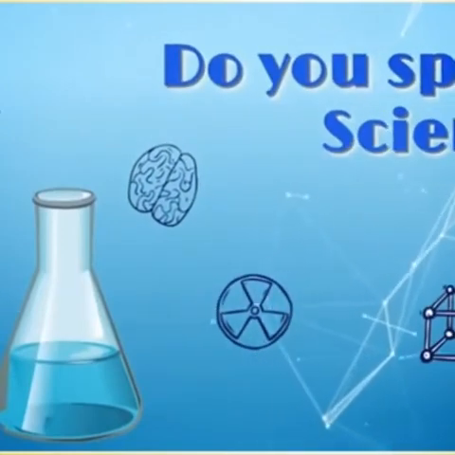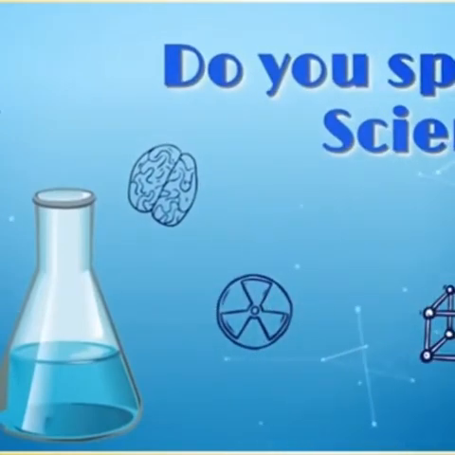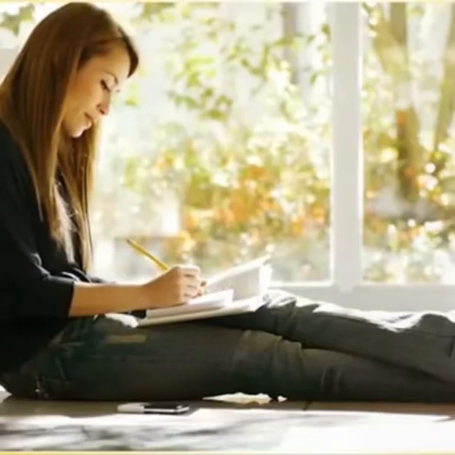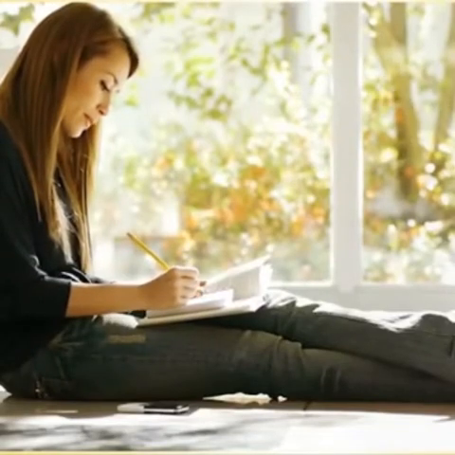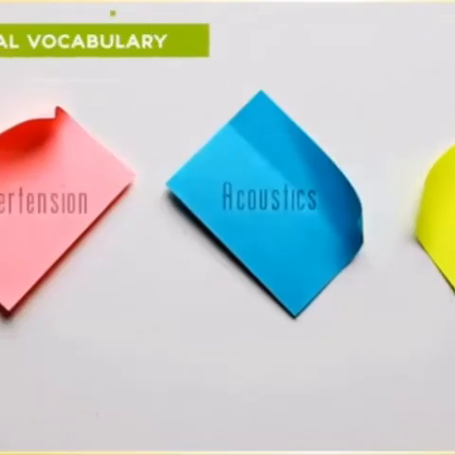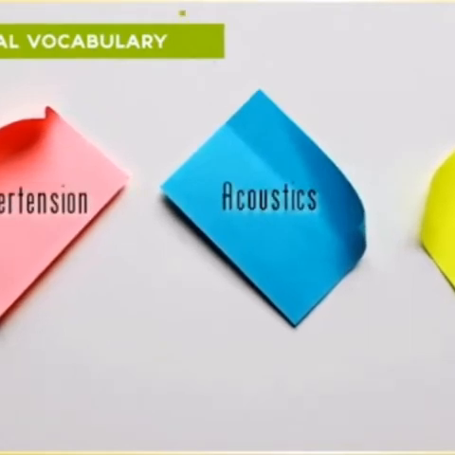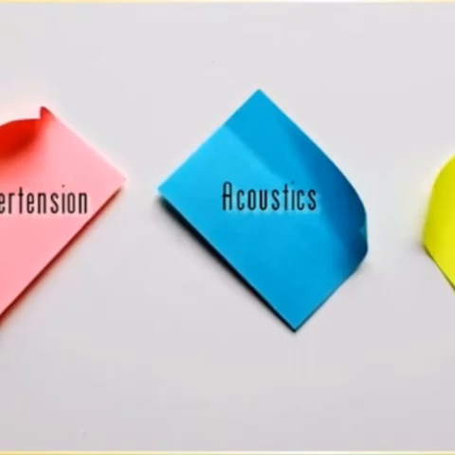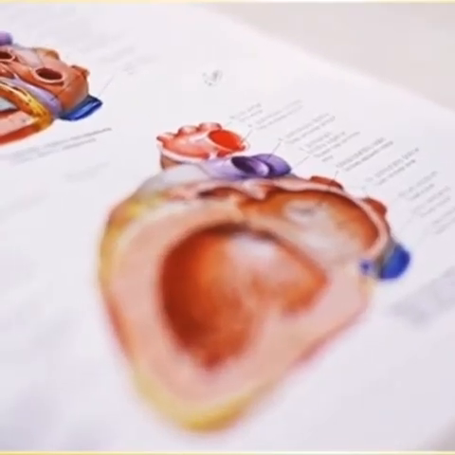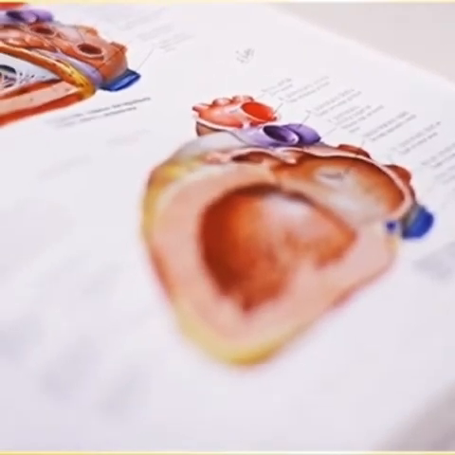Do you speak science? Learning a STEM subject can be like learning a whole new language. Technical vocabulary. A lot of scientific language has roots that come from Latin or Greek. If you learn the meaning of these common roots, you can work out the meaning of new scientific words that you haven't seen before.